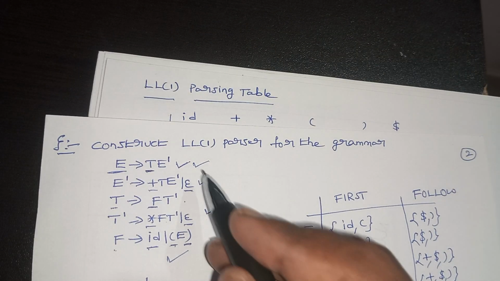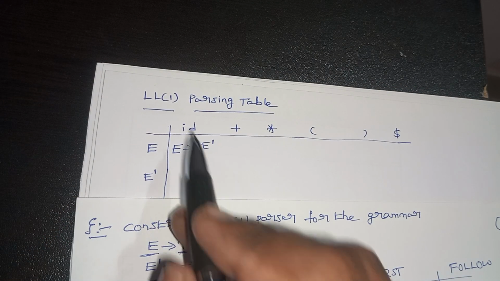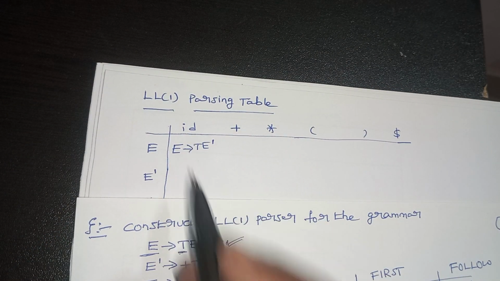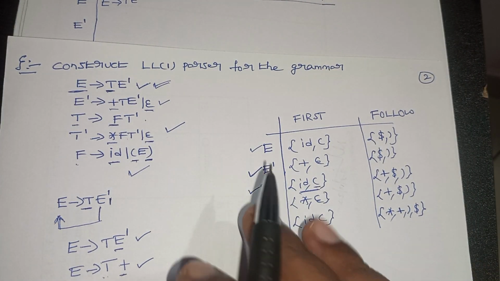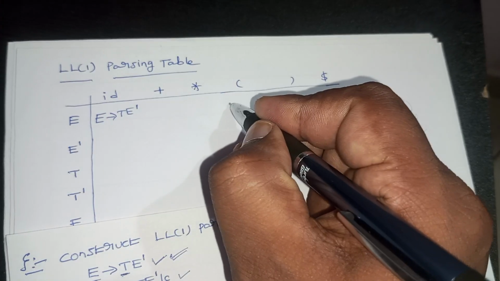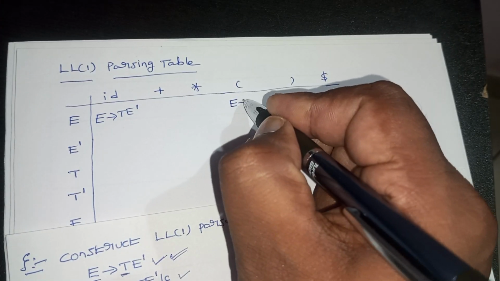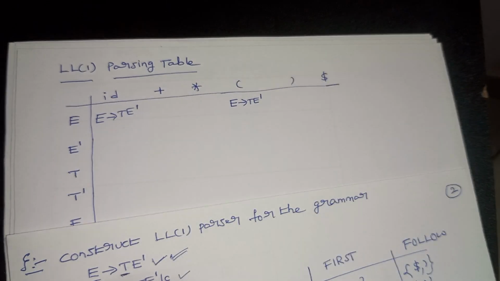So this rule you write wherever id is present and wherever left parenthesis is present. So here E tends to T E dash, like that you have to fill.